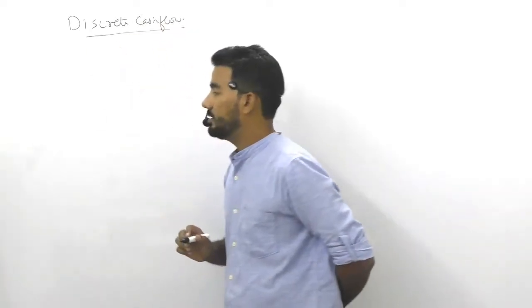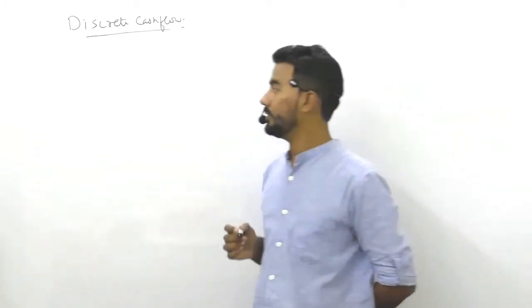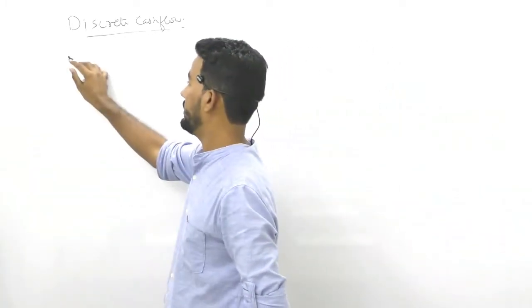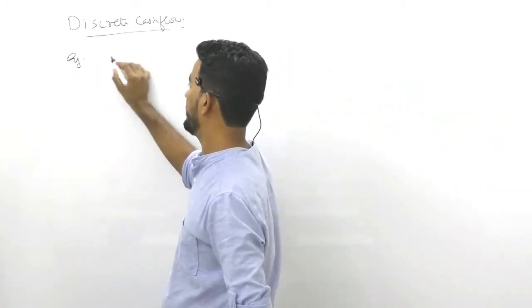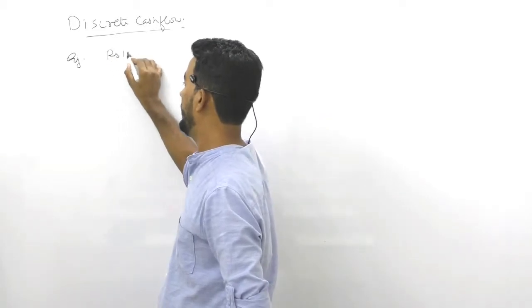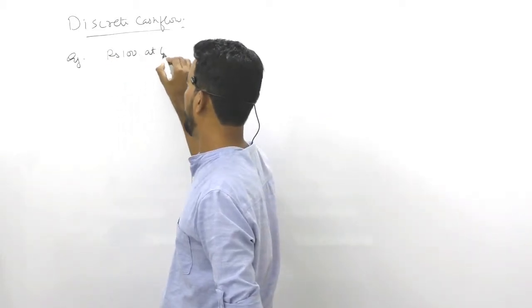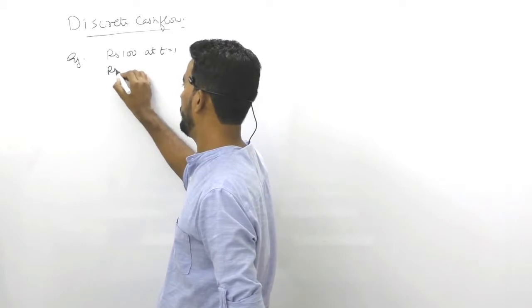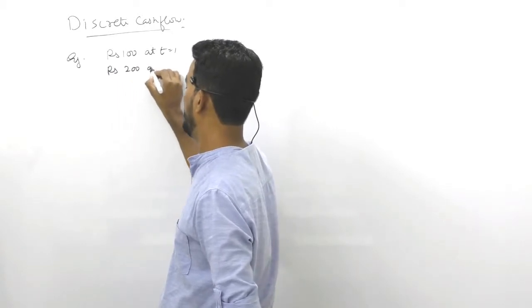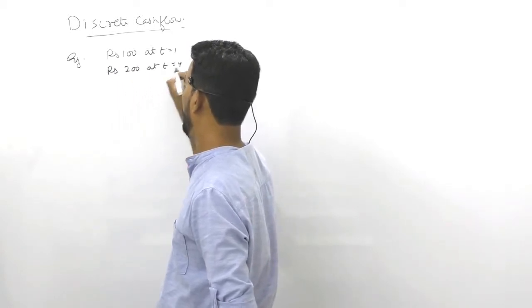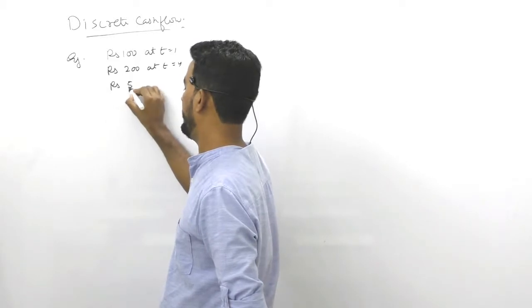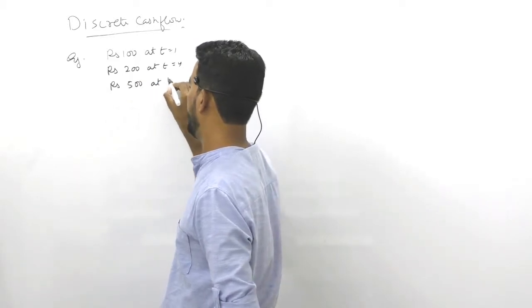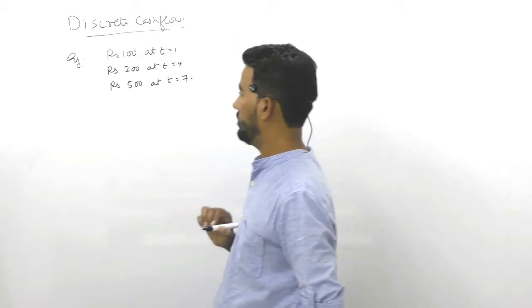So let us just understand with an example, which is the best way to understand. So let's say there is a cash flow of rupees 100 at time 1, rupees 200 at time 4, and rupees 500 at time 7. Now this is a cash flow.